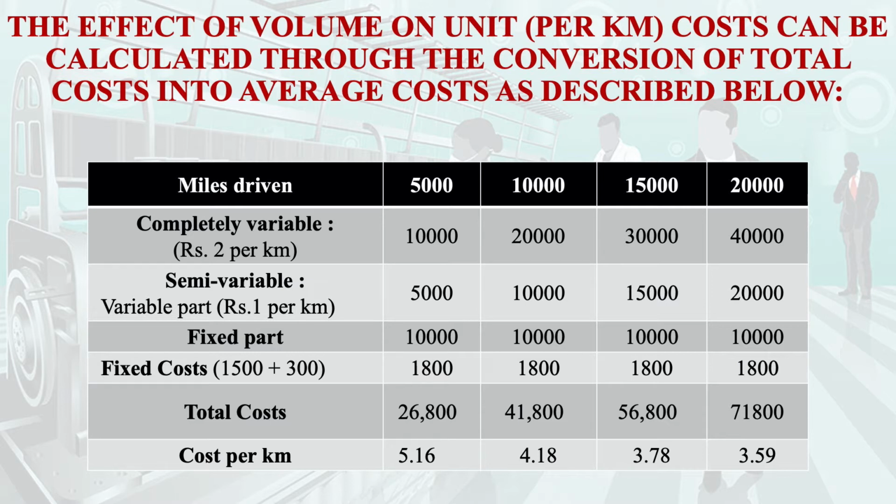And if you focus your attention on the last row of the table, you will find that as the number of miles driven by a driver or by an owner increases, your cost per kilometer decreases. Here is the concept that we are going to apply, called the break-even point or break-even analysis.